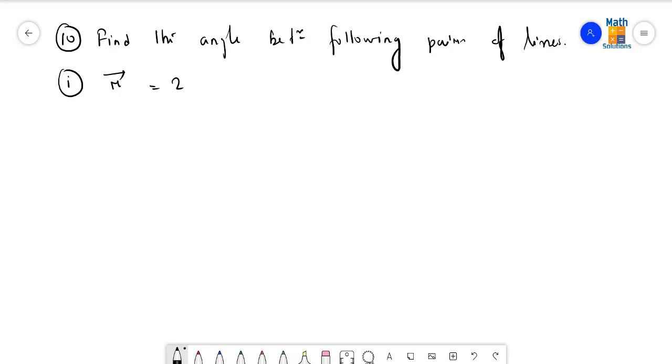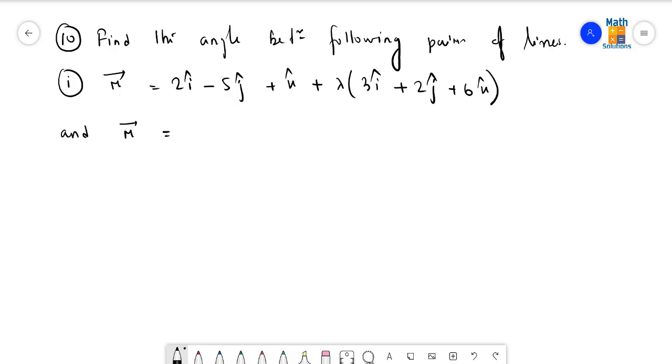So here the first one, what do I get? Vector r is equal to 2 i cap minus 5 j cap plus k cap plus lambda times (3 i cap plus 2 j cap plus 6 k cap). Along with that, the other line given is vector r is equal to 7 i cap minus 6 k cap, then after plus mu times (i cap plus 2 j cap plus 2 k cap).